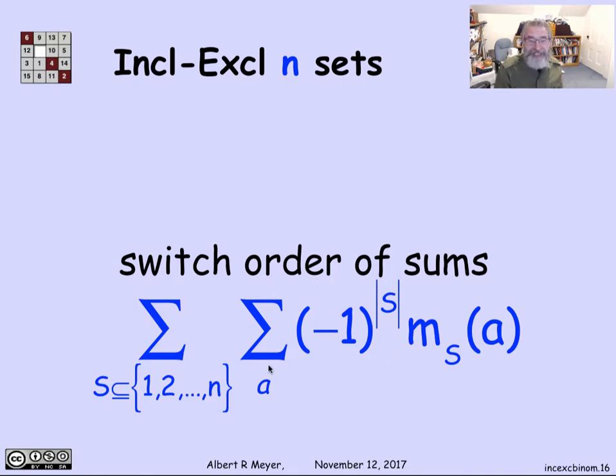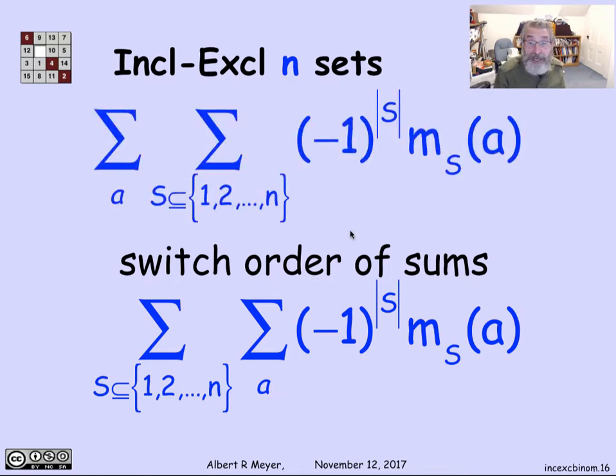Remember, a sum like this, we're putting order on it. It doesn't really matter. It's just a bunch of collections of terms that are determined by S and a, and I'm looking at this term m sub S of a. The order in which they appear is arbitrary. I've decided that for each S, I'm going to sum over all the a's, but I could equally well just sum over all the S's for each a.